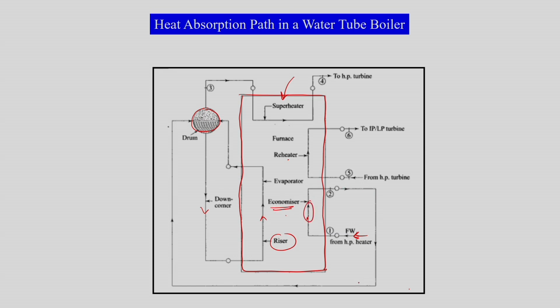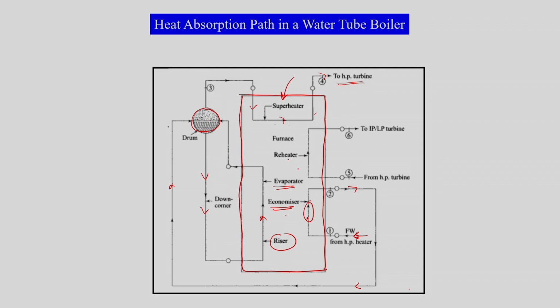From the economizer water will go to the drum. From the drum water will come down into the downcomer, and then it will rise in the evaporator tubes. These tubes are basically attached to the steam generator walls, and once the water has risen, it will again go to the drum, and after the drum it will go to the superheater, and from the superheater it will go to the steam turbine.